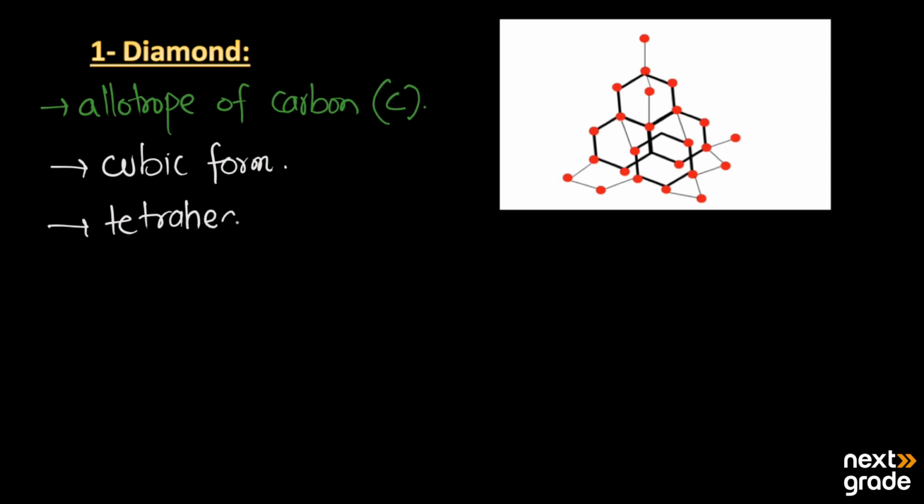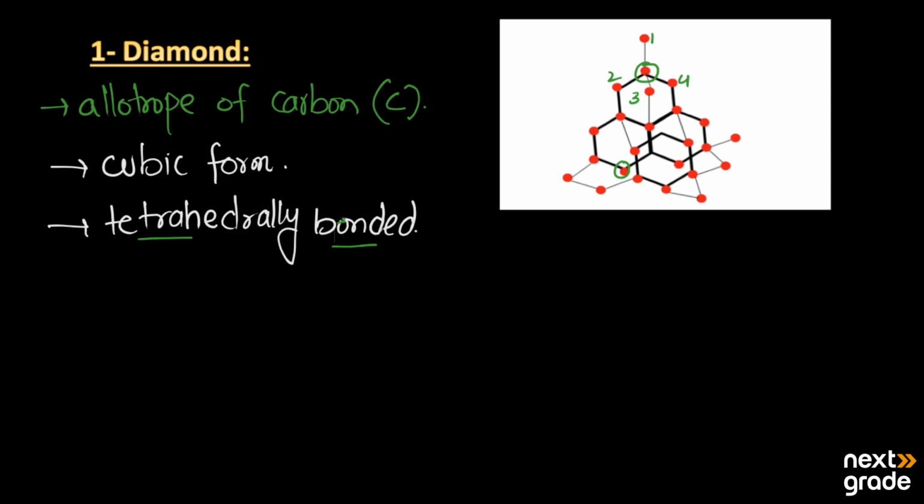Tetrahedrally means one carbon has four bonds with other carbons. In this picture you can see that this carbon is bonded to four other carbons, 1, 2, 3, and 4. Again, if we look at this carbon, it is bonded to four other carbon atoms, so they are tetrahedrally bonded.